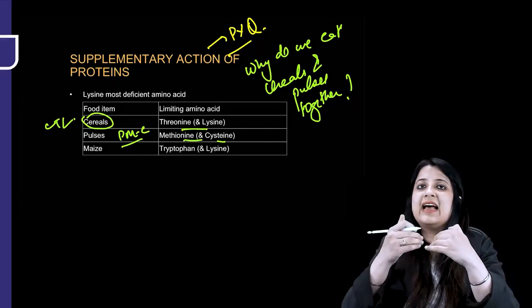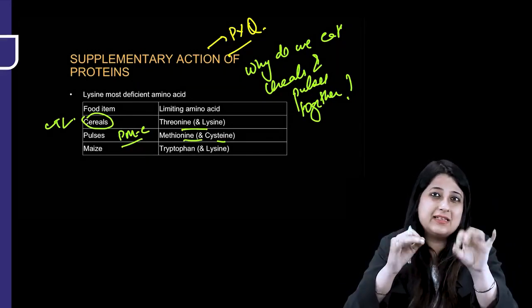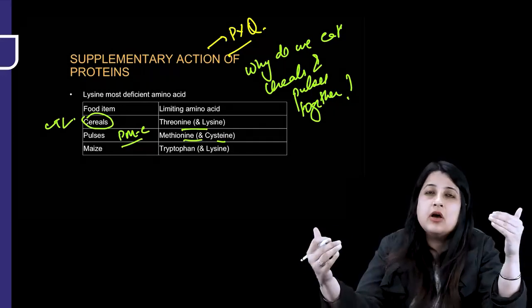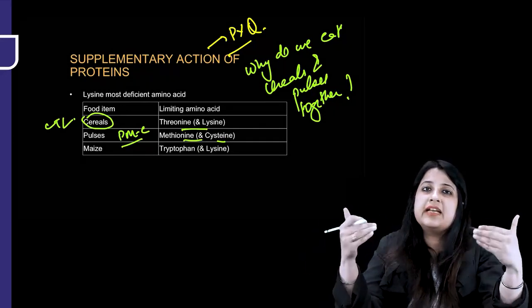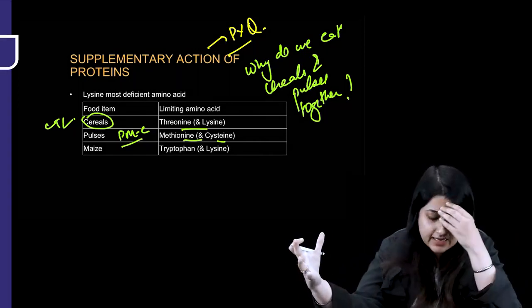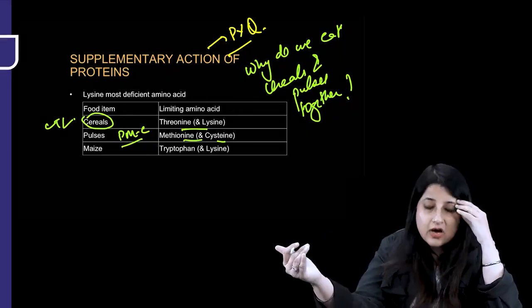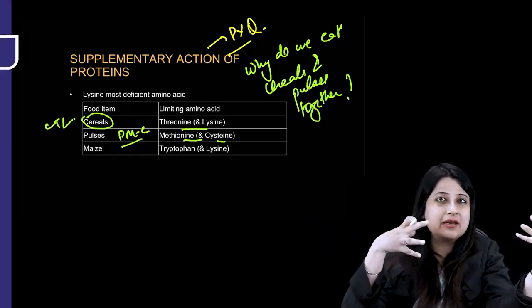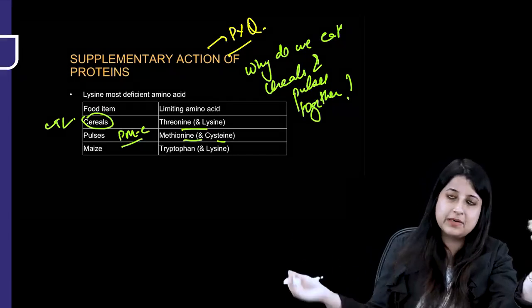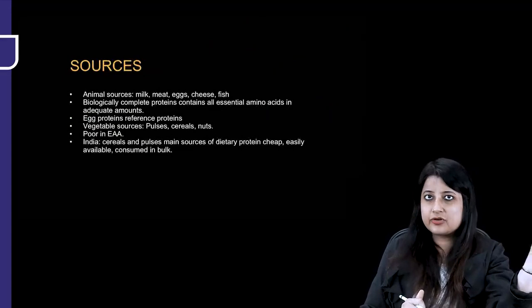Now, if you eat dal and chawal together, threonine and lysine, the limiting amino acids in chawal or cereals, you get by eating them with pulses. So when you eat cereals and pulses together, whatever is the limiting amino acid in one food product is supplemented from the other. That is known as supplementary action of protein.